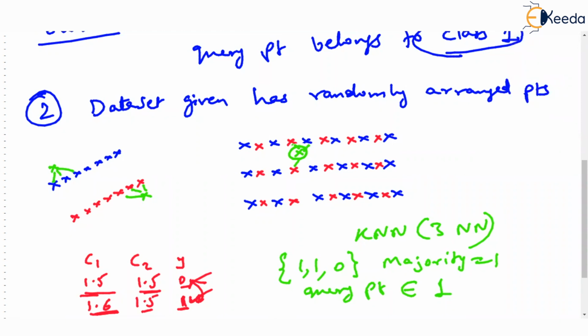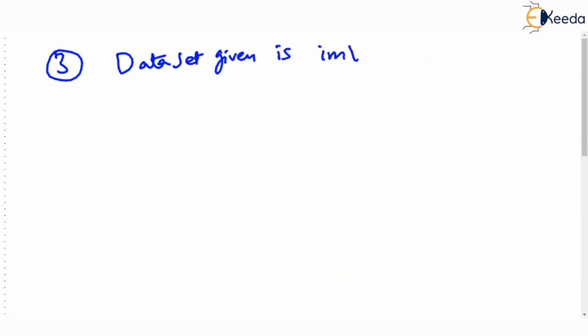Okay. Now there is one more very interesting case where KNN may fail: if the data set given is imbalanced. Now, first of all, let's understand what we mean by an imbalanced data set.